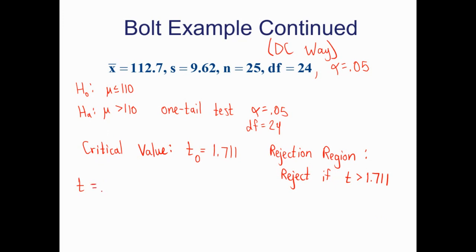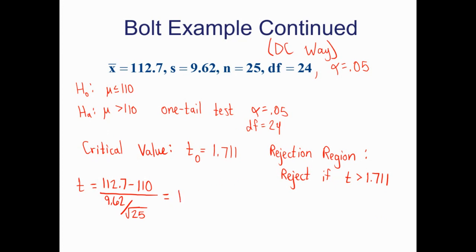But let's calculate our T. It'll be X bar minus the mean divided by S over the square root of N. And what would this give us? 1.403.